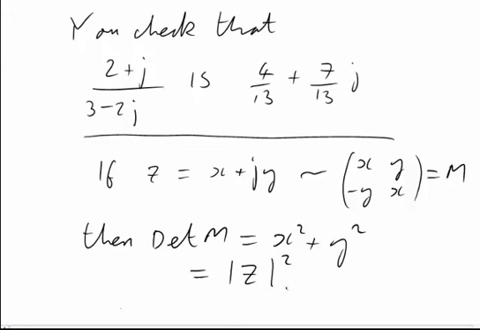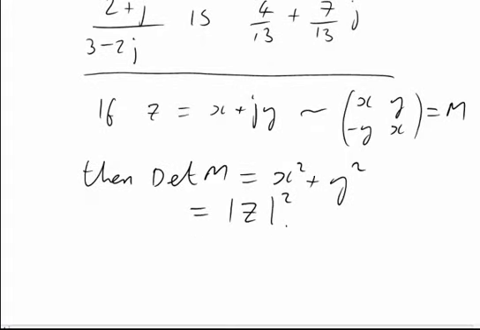So that's another feature of this analogy between complex numbers and 2 by 2 matrices that's of some interest and is quite important. I'm going to call it a day there.